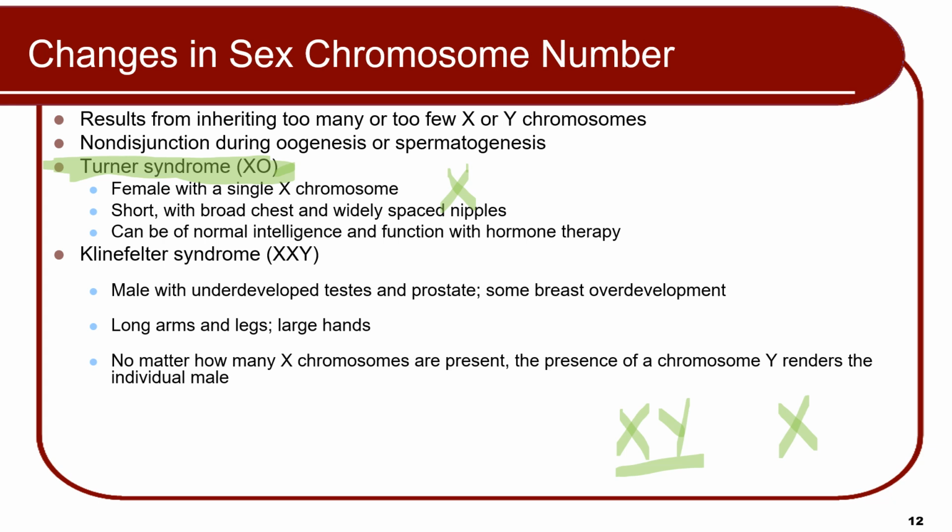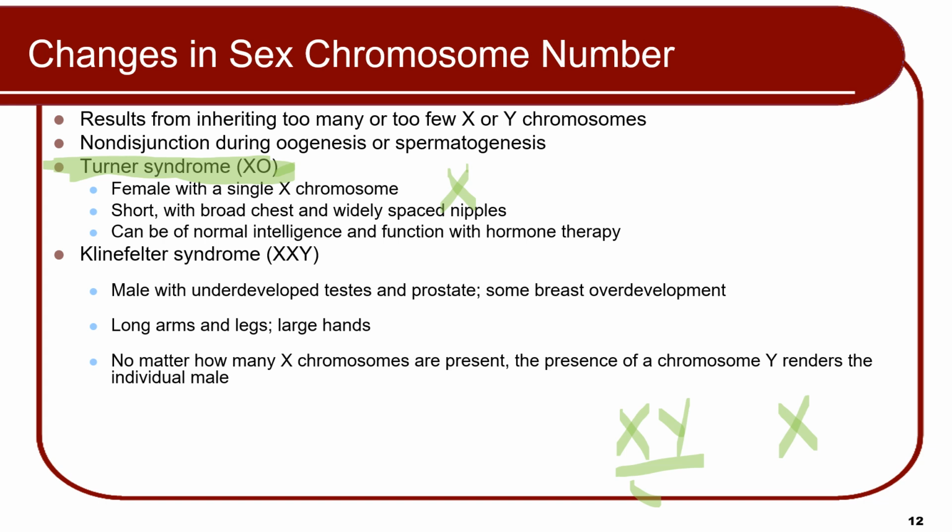And so they have 1 X chromosome. And we know humans can survive with 1 X chromosome because males only have 1 X chromosome. And they have some changes in features and some impaired reproductive abilities, but can lead a normal lifespan.